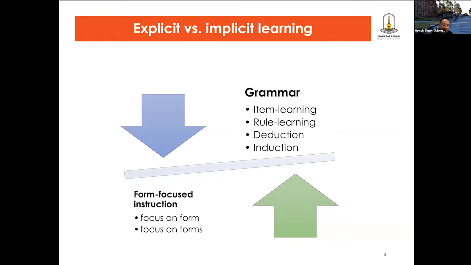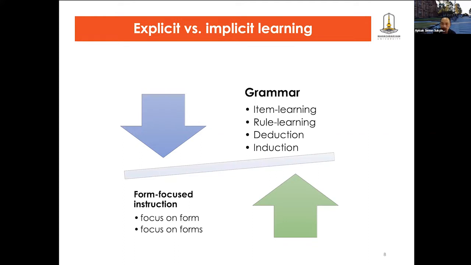Okay, moving on to the next point here. The next issue we're going to talk about today is grammar, teaching grammar in terms of explicit and implicit learning. Grammar has received a lot of attention from language teachers, and not just teachers, but researchers.